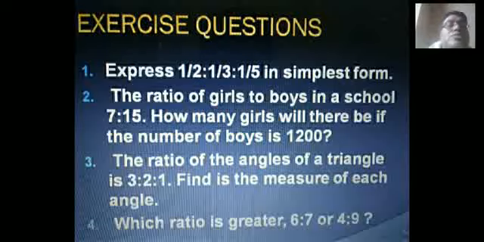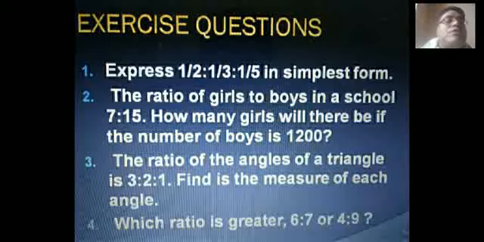Question number 3. The ratio of the angles of a triangle is 3 is to 2 is to 1. Children, you know the sum of all three angles of a triangle is 180 degrees. So let us take the three angles as 3x, 2x and x respectively.